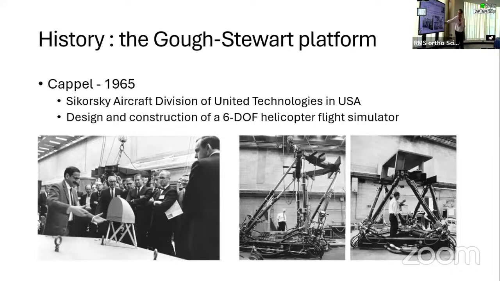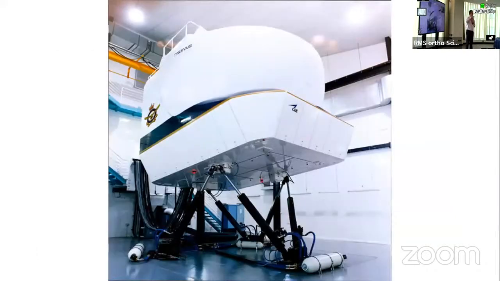Again, the same 6 struts, and that is still used. Now if you see a modern flight simulator, they've all got the same 6 struts. We're going to use the same 6 struts, but instead of being massive, it's going to be small. So that's where it started in the 50s and 60s.